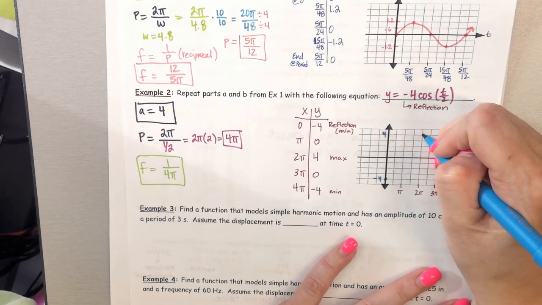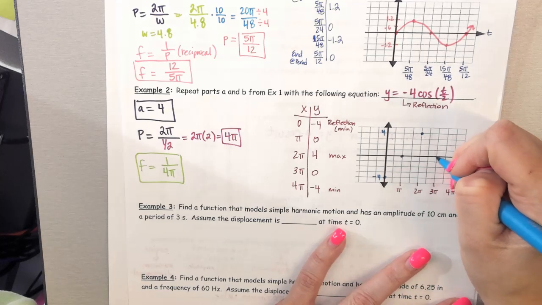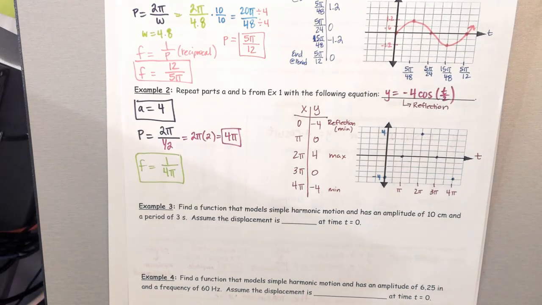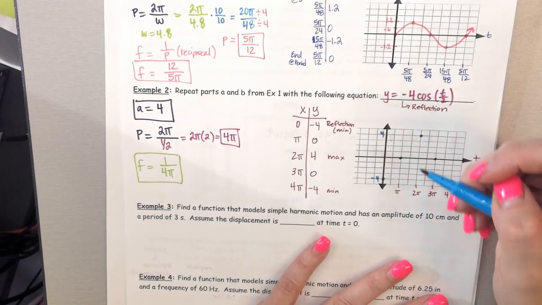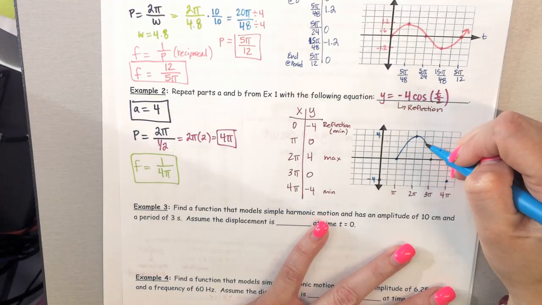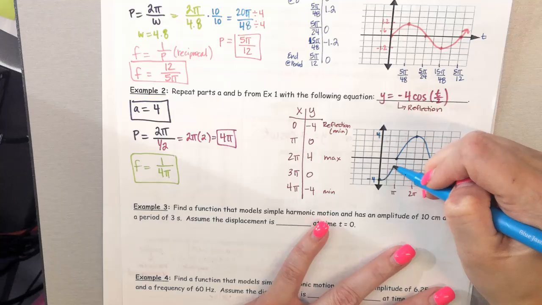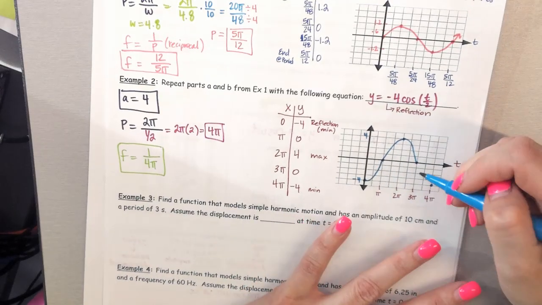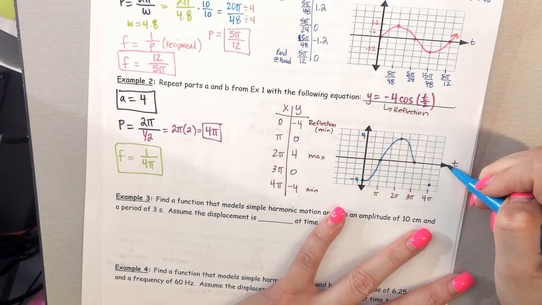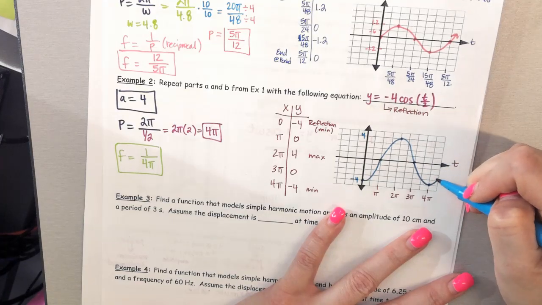At 2 pi, I'm at 4. And then halfway, I'm at 0. Okay, do not connect these with a straight line. If you need some help with the shape, I recommend connecting these 3 together first. Keep in mind that this would be a curve. And then you would be going to this point here. Okay, so this is also going to be a curve.